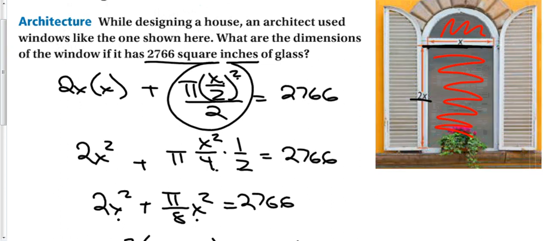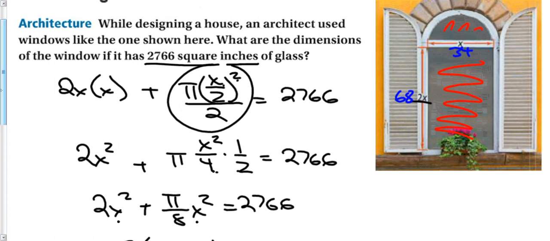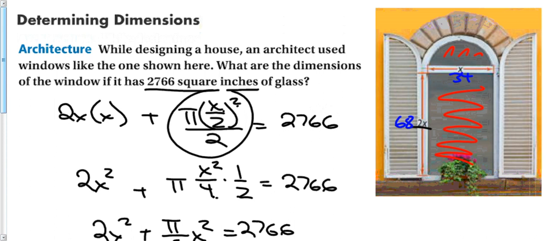So I don't need to worry about the negative 34. All I need is that x is going to be equal to, put it in blue, 34 inches, which means 2x is going to be 68. So we used what we know about squares to solve an actual word problem.